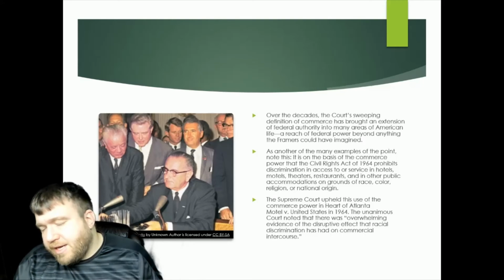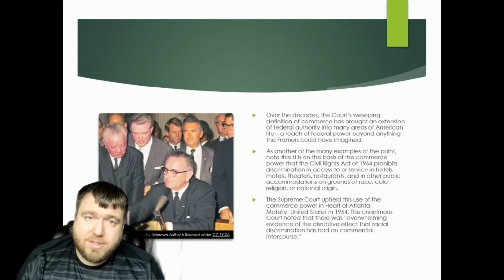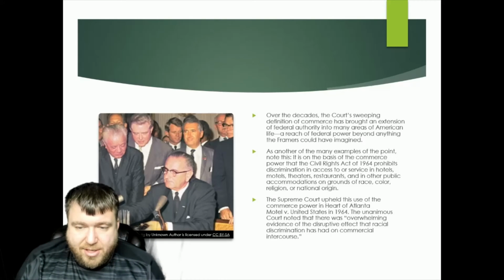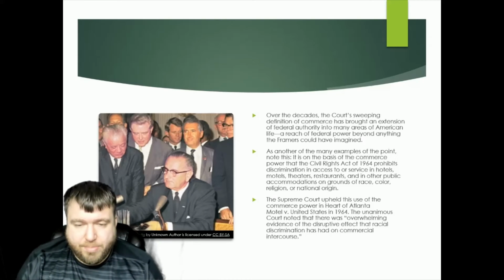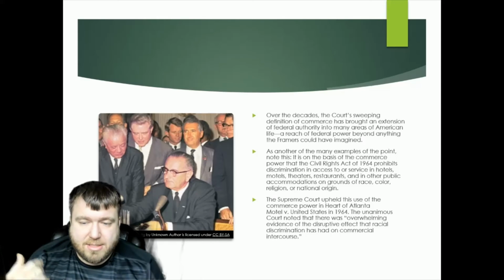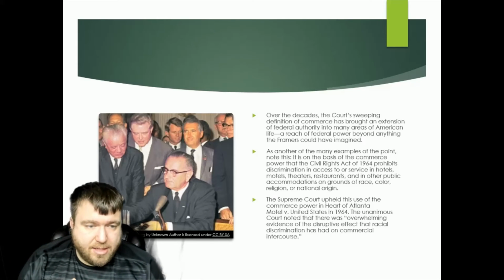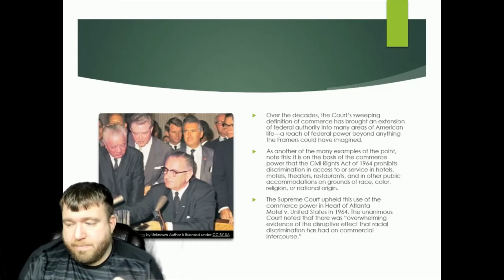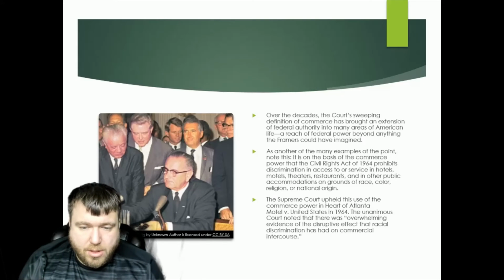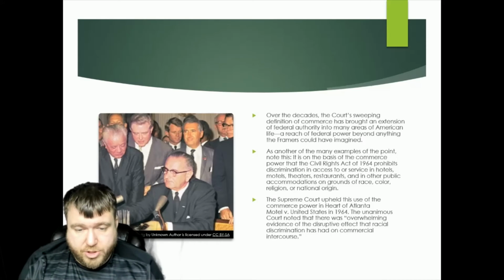So that's something that I would say that the founders of the Constitution would not have been able to predict. They used the commerce power to enact the Civil Rights Act that said that businesses couldn't pick and choose who to serve in their businesses based on race, color, religion, or national origin.